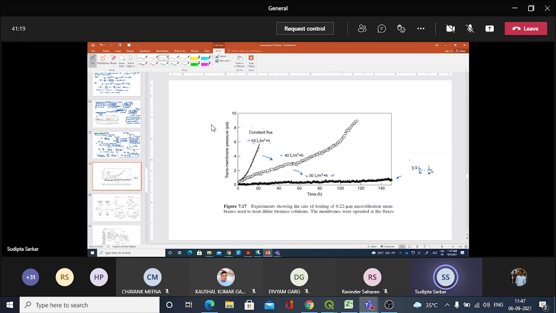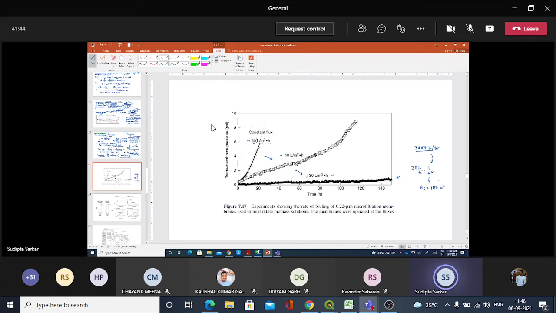So let's say we have 3000 liter per hour as our total flow. Now, how much membrane area will we require? The membrane surface area requirement will be 100 meters square.